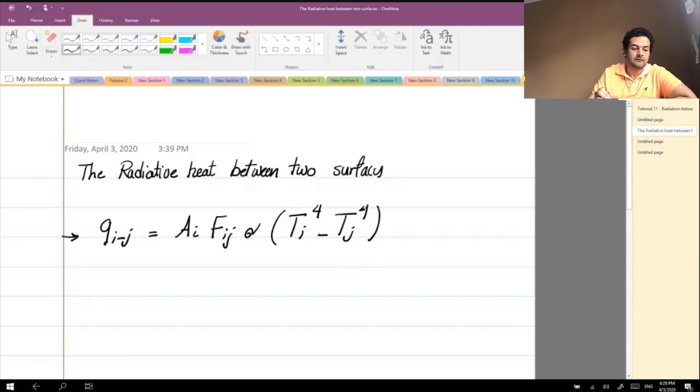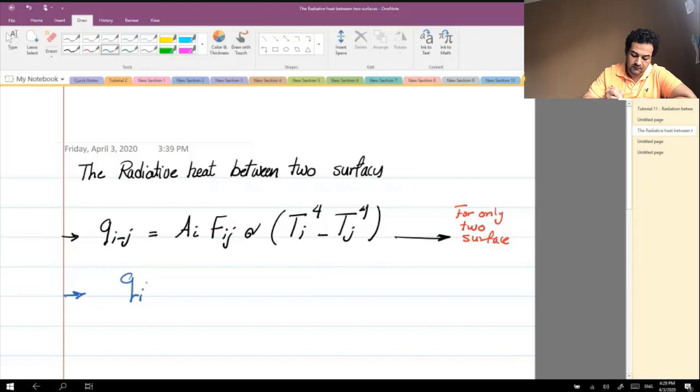And F_ij is the view factor. This is very important if we have only two surfaces. So that's for only two surfaces. If we have more than two surfaces, we've got to use this equation.